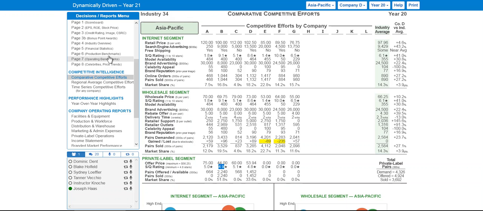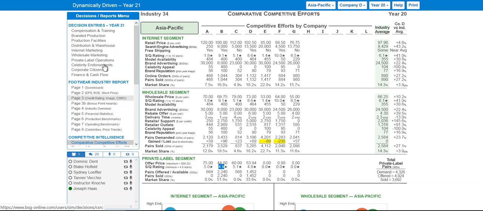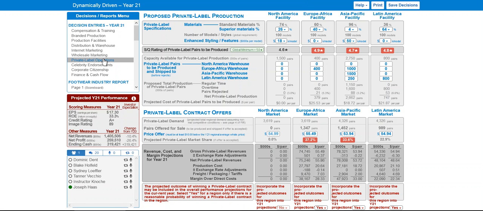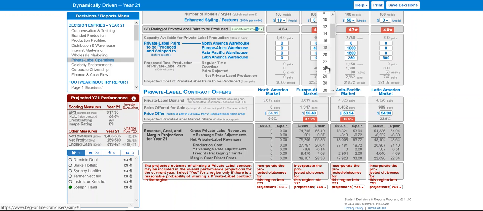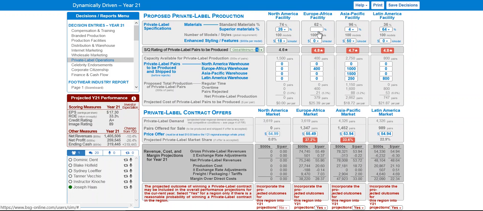If you go to private label, you'll see here that the minimum, it tells you what the minimum is. This year the minimum is 5, but this changes every year. And the idea is just to get it at 5. So I would increase it just enough to get it to 5.